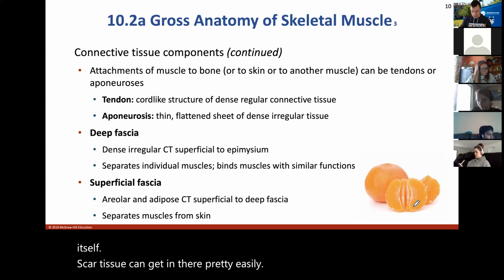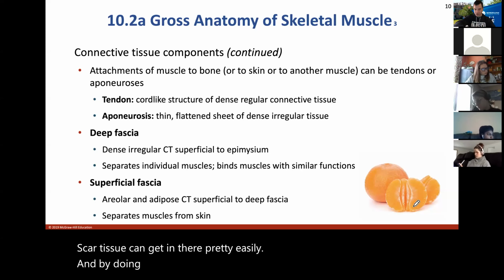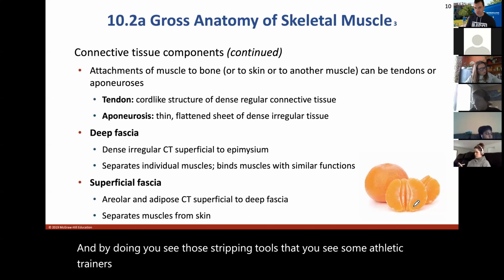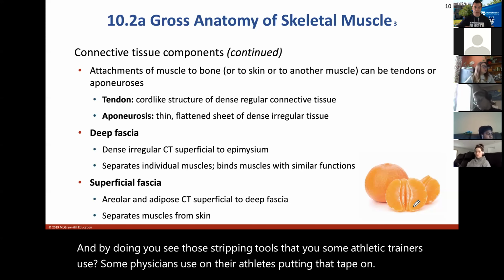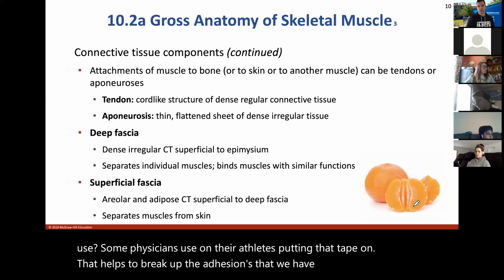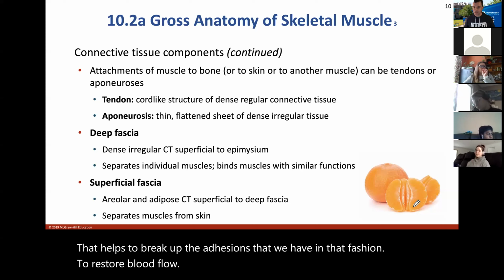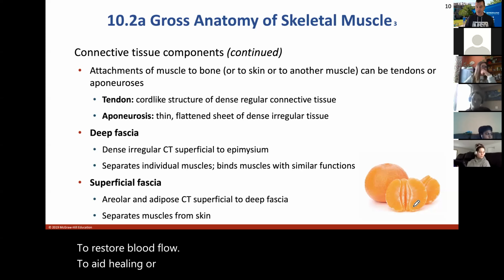And you see those stripping tools that some athletic trainers and some physicians use on their athletes. Putting that tape on helps to break up the adhesions in that fascia to restore blood flow, to aid healing and whatnot. So there's a lot of discussion as to whether or not it's its own system unto itself.